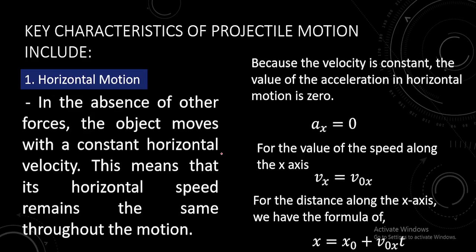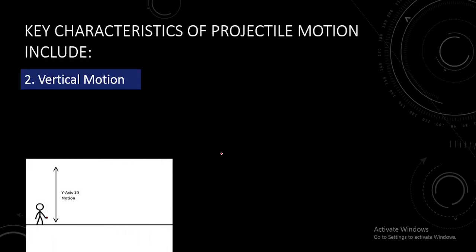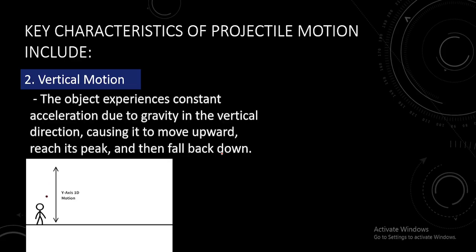Alright, so if it has a horizontal component, it also has a vertical component. This happens along the vertical axis. This motion is affected by gravity. The object experiences constant acceleration due to gravity in the vertical direction, causing it to move upward and reach its peak.